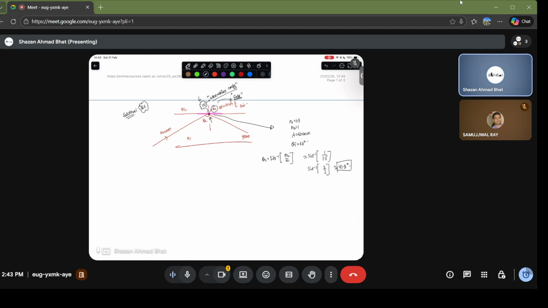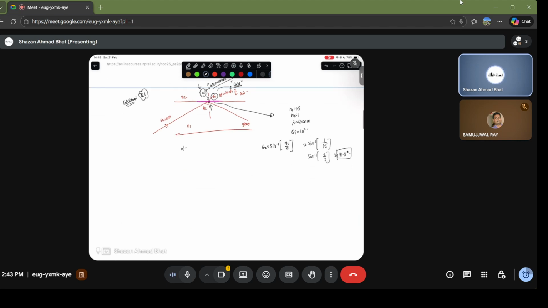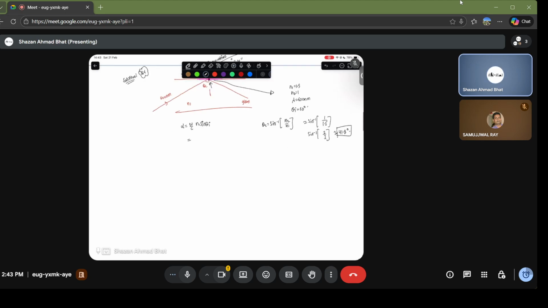Okay. So you know that you can write the attenuation coefficient as the frequency over c and 1 sine of incident angle. This is 2 pi nu over c and 1 sine theta I, and everything is given.